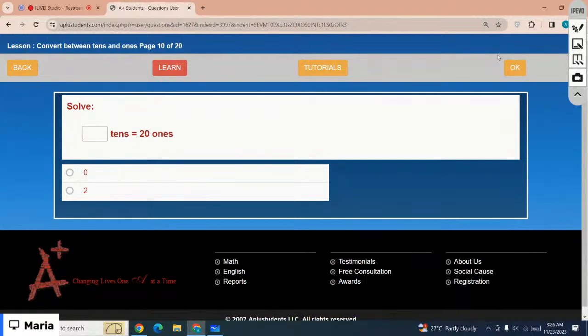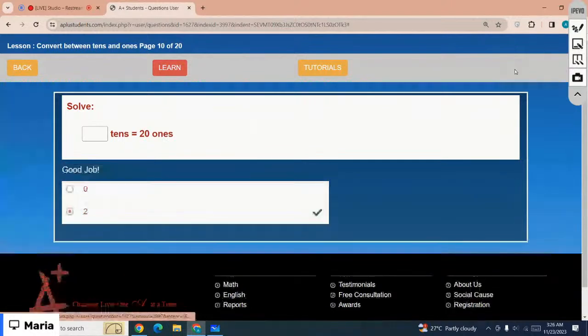Yes, that is just two tens. In 20 ones, you have just two tens, right?